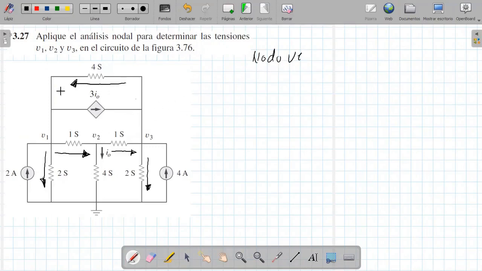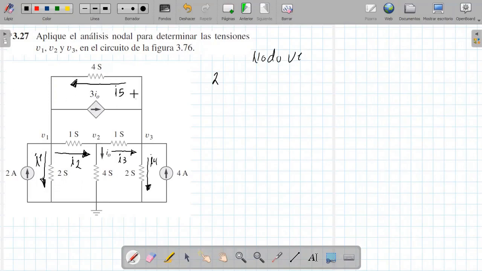So, in node B1, that is, this entire point, look at the currents that enter. Maybe the ones that enter will be 2 amperes and the current that comes from here. Let's name them once and for all. I'm going to call this one I1, this one I2, this is I3, this is I4, and this is I5.